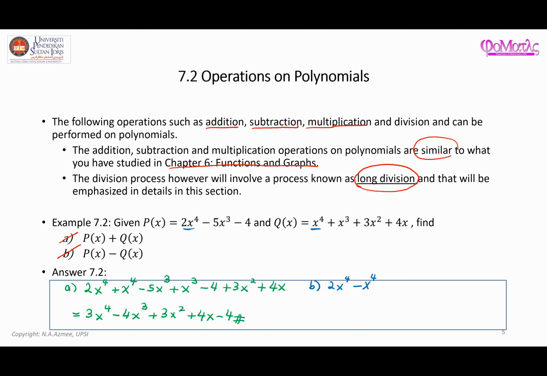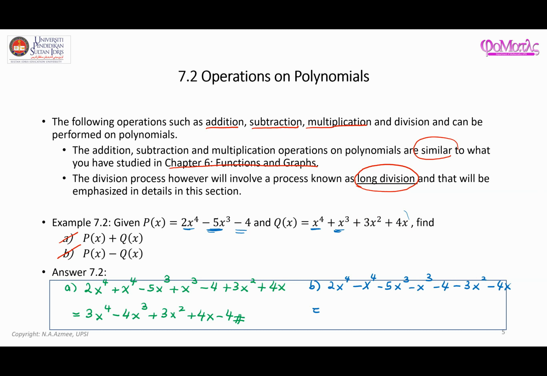Next I have negative 5x cubed, and I'm going to minus this one, so minus x cubed. Next I have negative 4, but there is no constant term on this side, so I just write down negative 4, and then I minus the remaining terms of q(x), that will be minus 3x squared minus 4x.